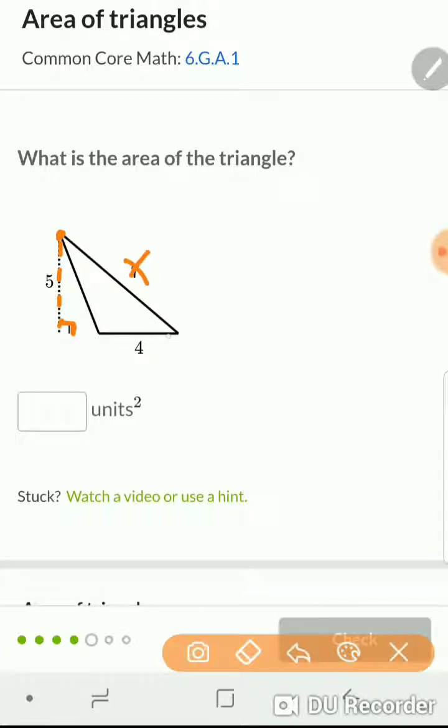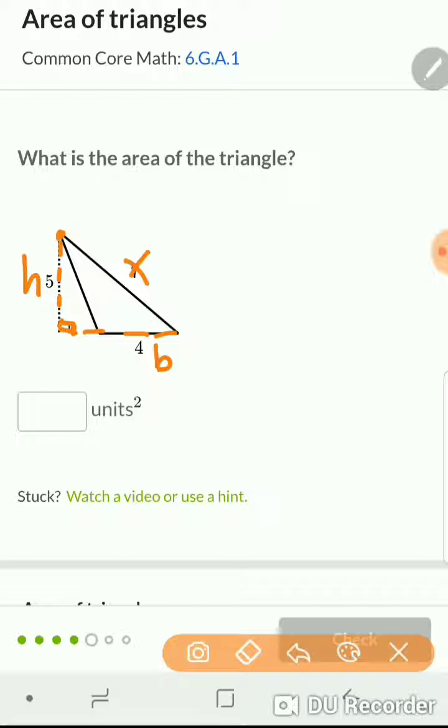If I had used an imaginary line and continued it from the 4, you can see there that it makes a right angle with the 5. So the 4 is actually one of the dimensions I'll use. So 4 is going to be my base, and my height will be 5.